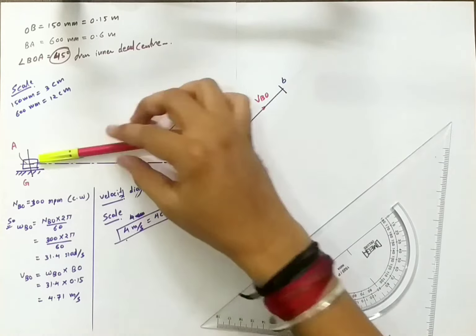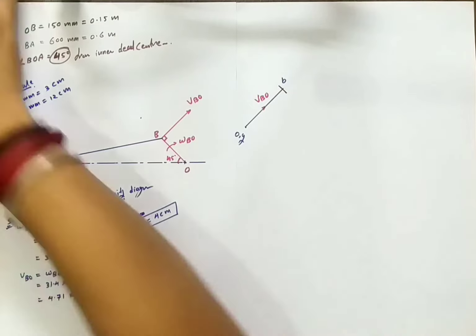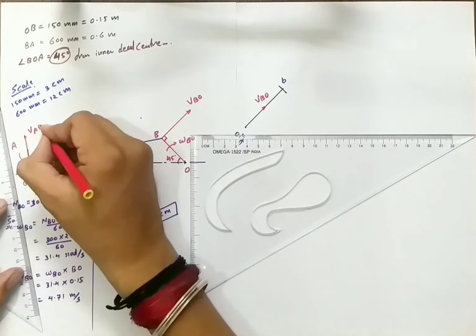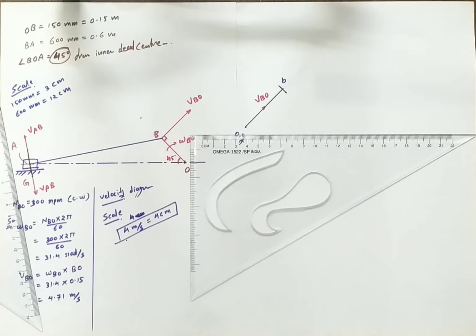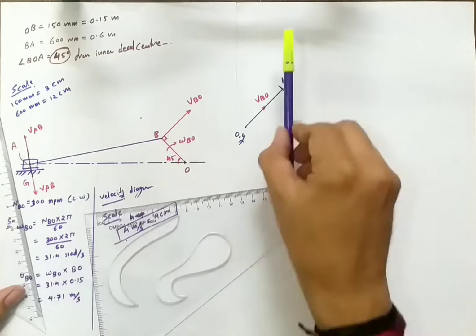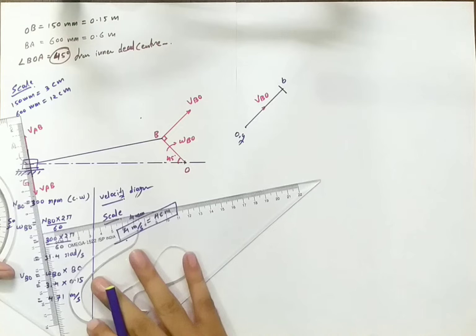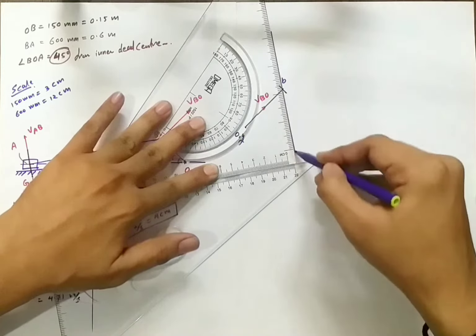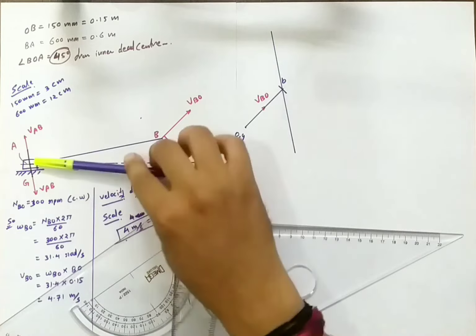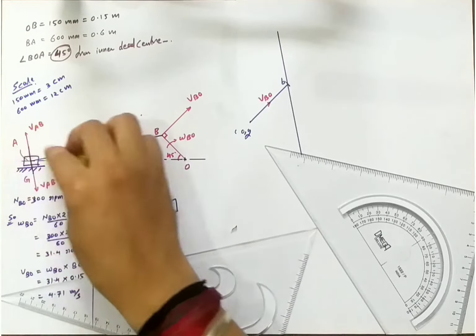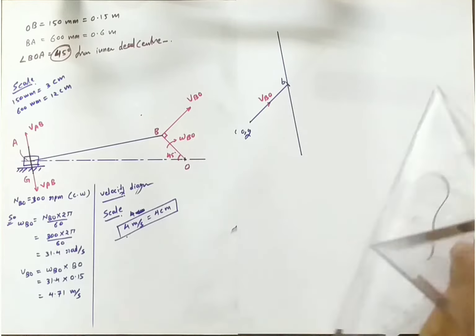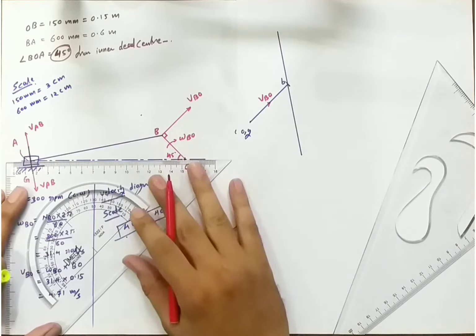Now with respect to point B, the A can move in this or this direction, so we just predict. We will shift both directions to the point B with the help of set squares. Secondly, the slider can move in horizontal direction, so again we will predict both directions, and we will shift to the velocity diagram.